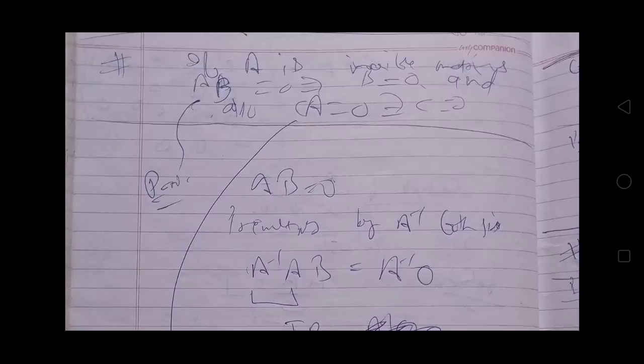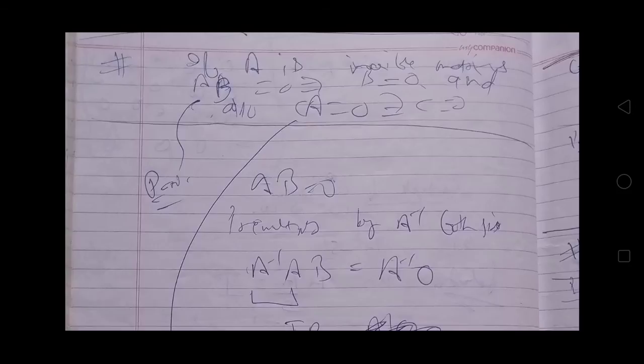So if any matrix multiplied with an invertible matrix gives a null matrix, then the other matrix is a null matrix, whether it is pre-multiplied or post-multiplied, it doesn't matter.